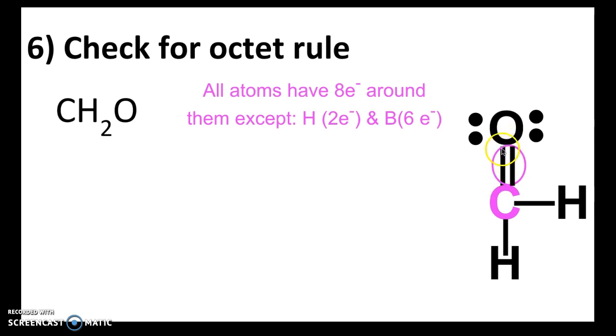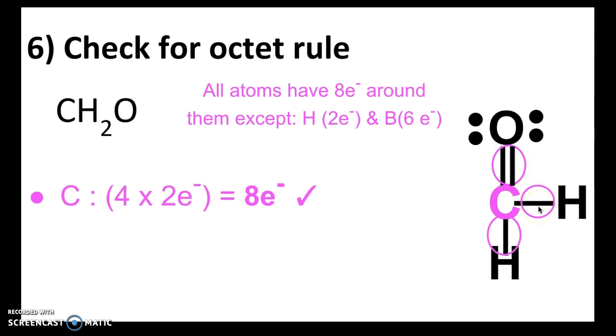So there's 4 electrons from here. Over here, I see another bond, 6. And the last one here, 8. So this carbon has 8. And again, each bond counts as 2 electrons. So carbon is good. It has its octet.